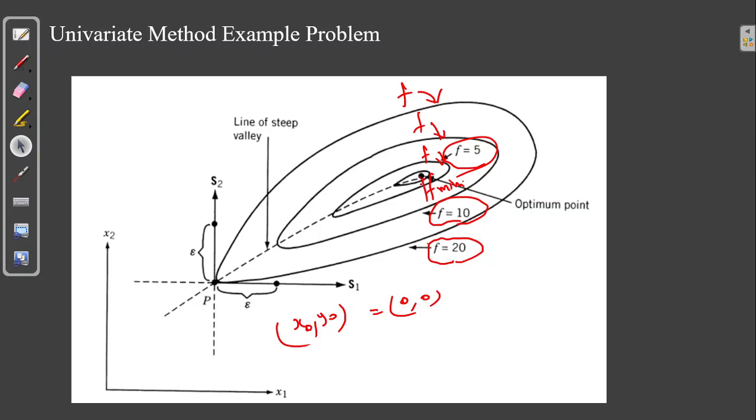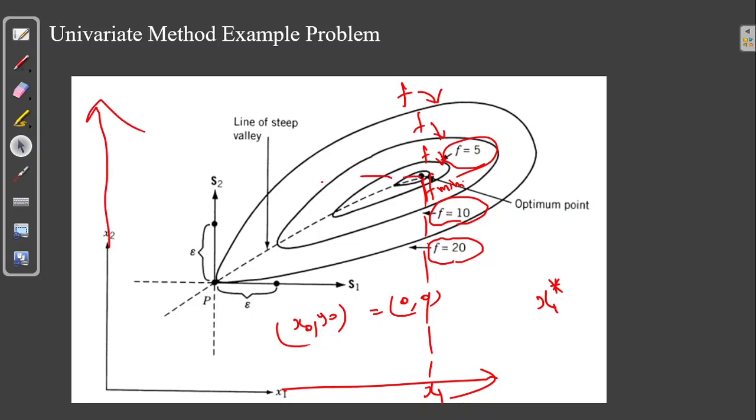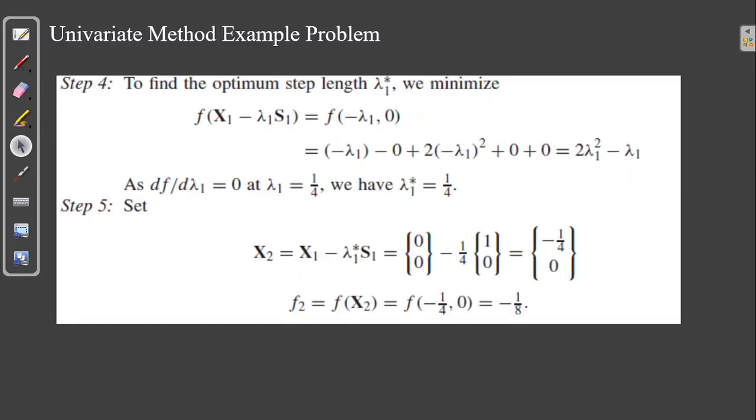You project this point to x1, then you will get x1 optimum, x1 star. You project this to x2, and you will get x2 star, the x2 optimum point. So x1 star, x2 star will be our optimum solution.